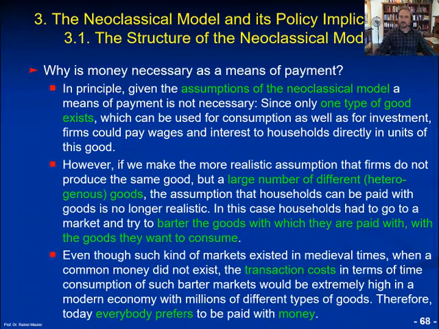Even though such markets existed in medieval times, when a common money did not exist, the transaction costs in terms of time consumption of such barter markets would be extremely high in a modern economy with millions of different types of goods. Therefore, today everybody prefers to be paid with money.